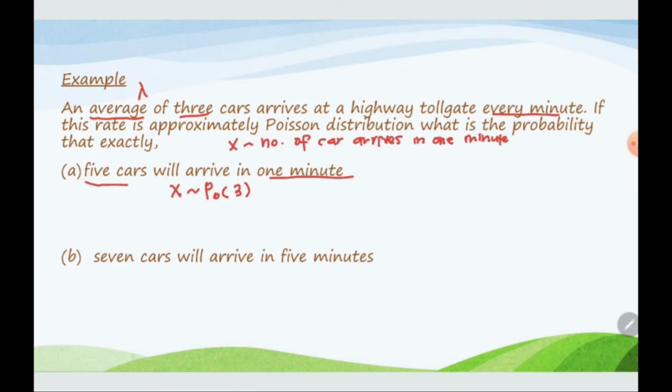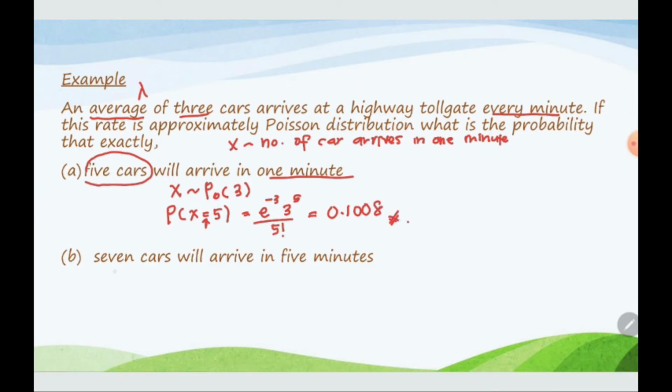We have to find 5 cars, so X = 5. For X equals a single value, we can directly use the formula e^(-λ) where lambda is 3, and then 3^5 / 5!. When you calculate in your calculator, you got 0.1008.